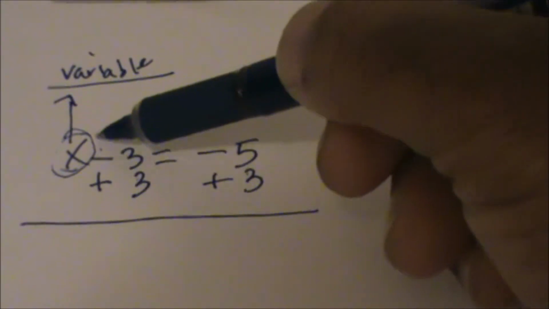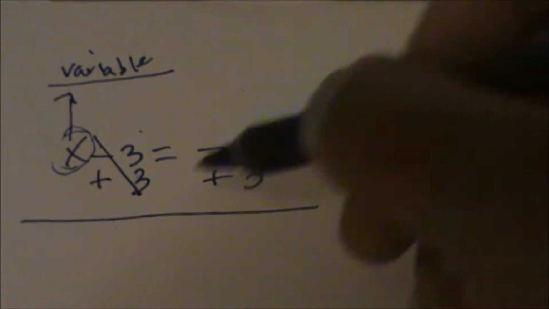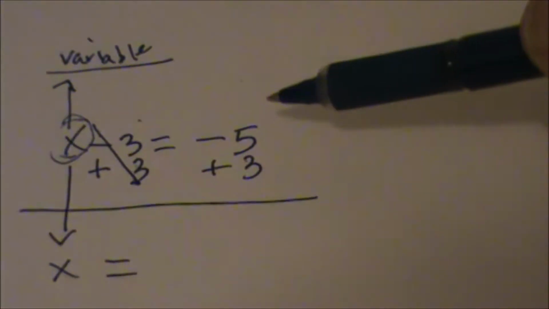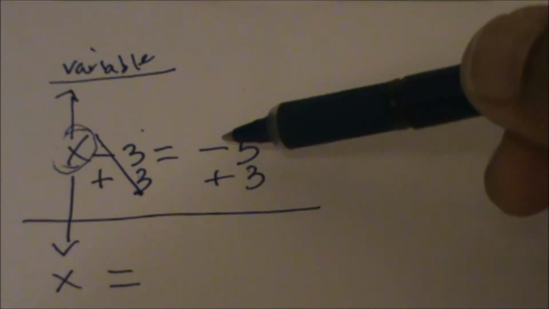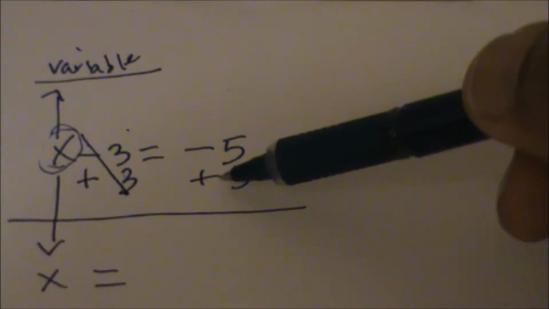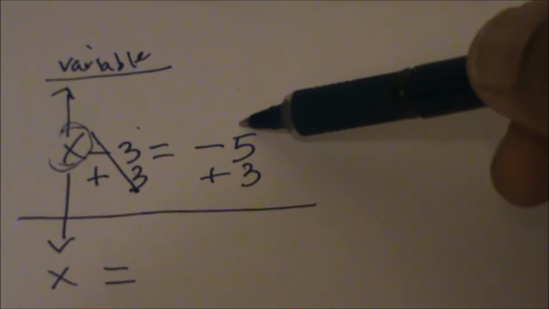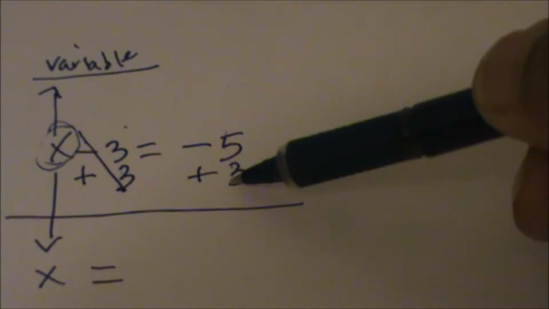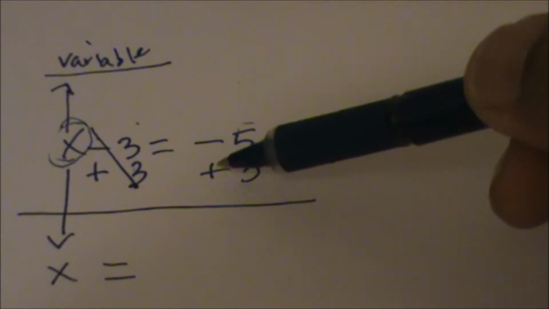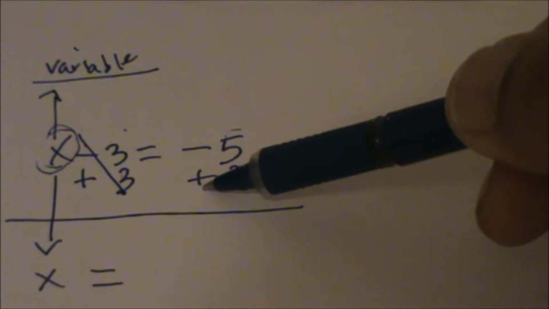A minus and a plus will cancel. Okay? Bring down the x. x equals, and then we have unlike signs, a negative 5 and a plus 3. If you look at the 5 and the 3, you have more negatives than positives.